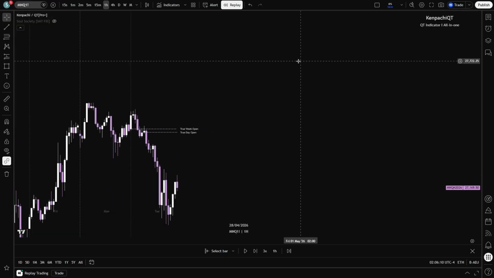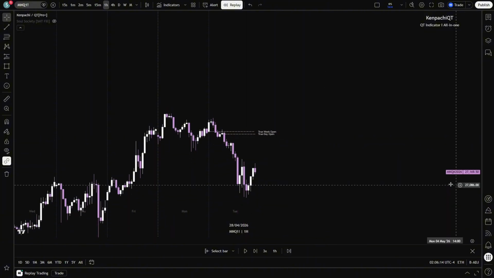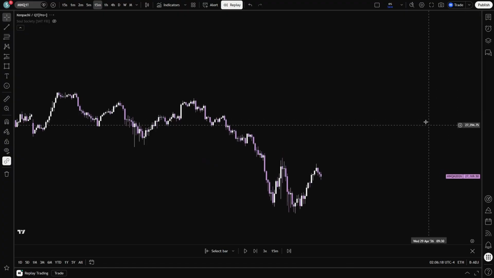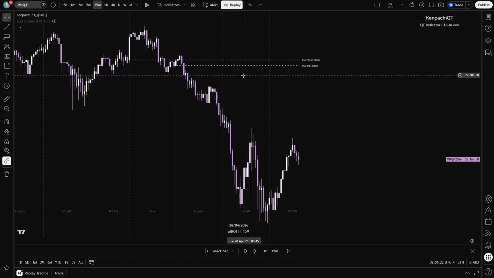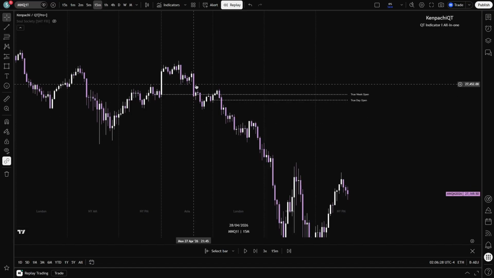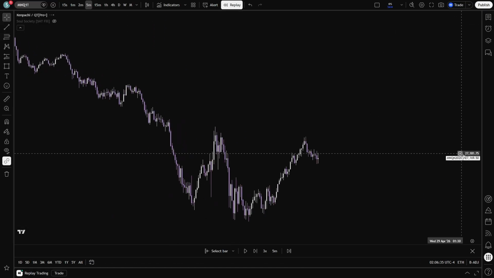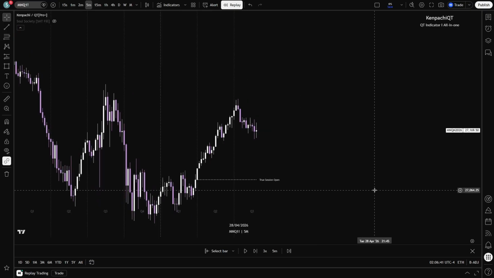All right, so the very first candle of Q2 is going to be our true week open on 1 hour time frame. If you go to 15-minute time frame, it's gonna be our true day open. So the Q2 of the 15-minute cycle, which is our London, the very first candle is gonna be the true day open. And if you go to the 5 minute time frame, you want to see the very first candle of Q2 is gonna be our true session open.